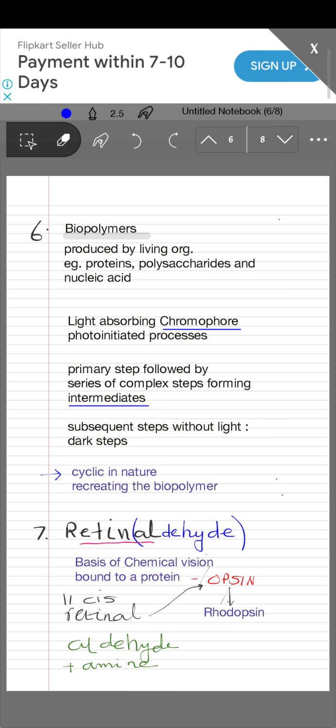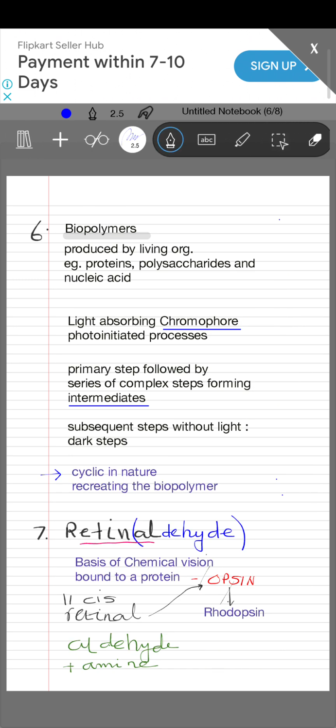Next is biopolymers. Biopolymers are nothing but the polymers which are produced by living organisms like proteins, polysaccharides, and nucleic acids, and so on and so forth. Now, some of these polymers are also called light absorbing chromophores.